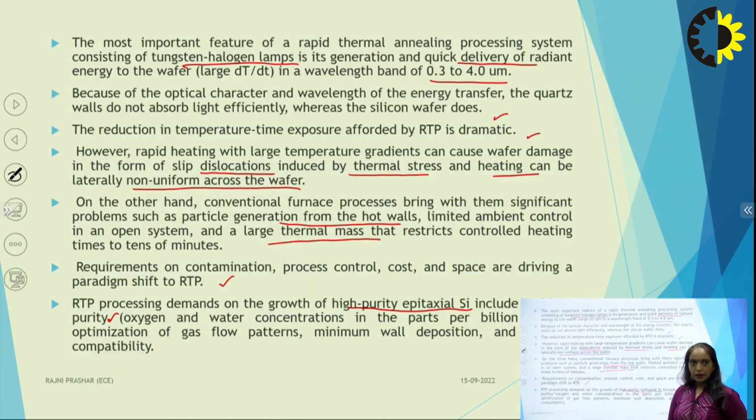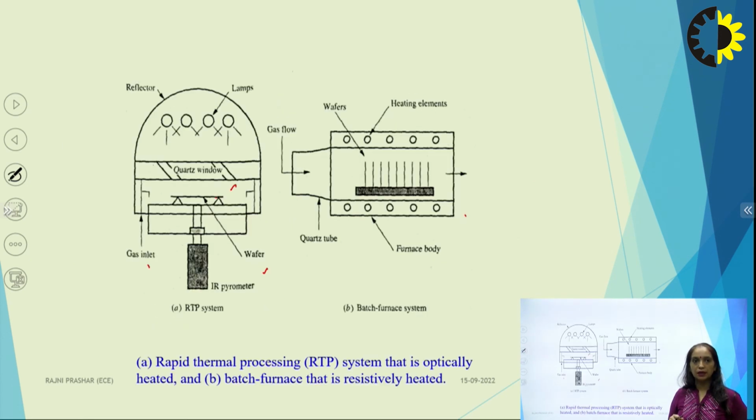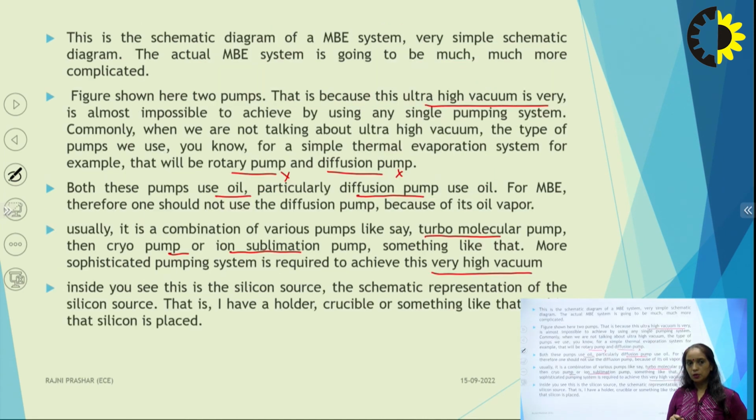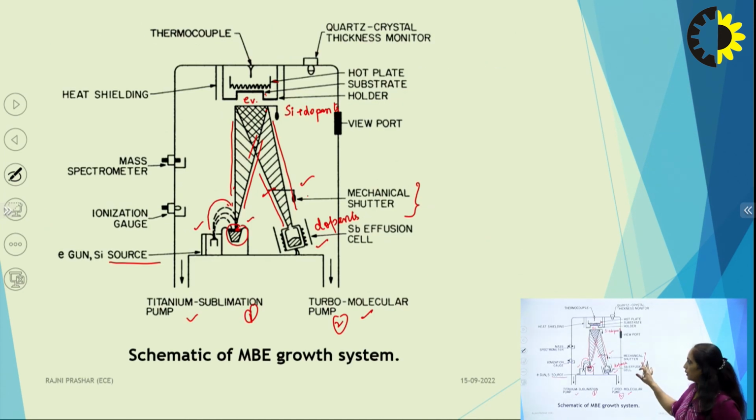So, in today's lecture we have covered the comparison between vapor phase epitaxy and molecular beam epitaxy, how molecular beam epitaxy is used to overcome the drawbacks of vapor phase epitaxy, what is the basic chamber that is used for this molecular beam epitaxial growth system, and another is the rapid thermal process system, because we are using multiple wafers for a single batch.